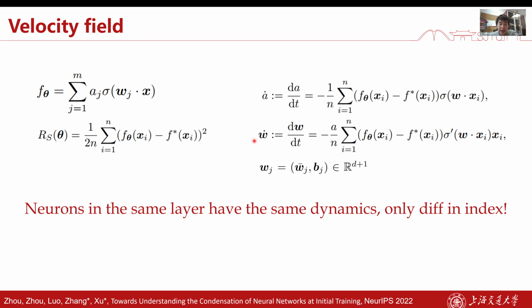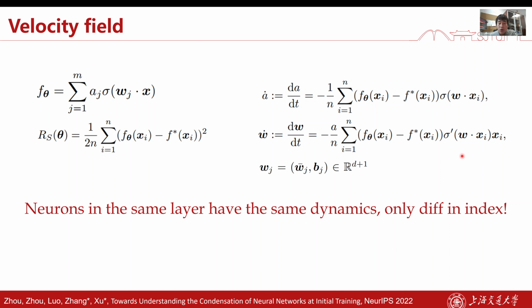So finally, we can write out the gradient flow for the input weight with a uniform ODE system. Once we inject the a_j and w_j values into this A and W, we should be able to get the gradient of the j-th neuron. So all neurons' inputs will follow this ODE system.